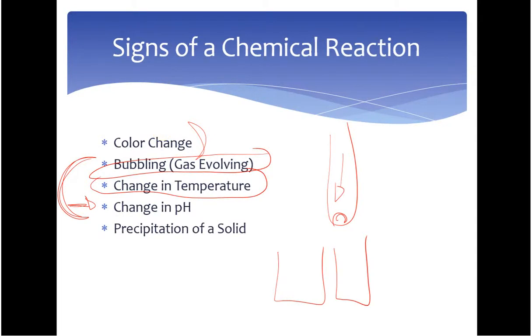And finally, down here we have precipitation of a solid. Now, this does not mean you have a solid and a liquid, you add them together, and you get a solution. We want to see a precipitation specifically of a compound on the product side.